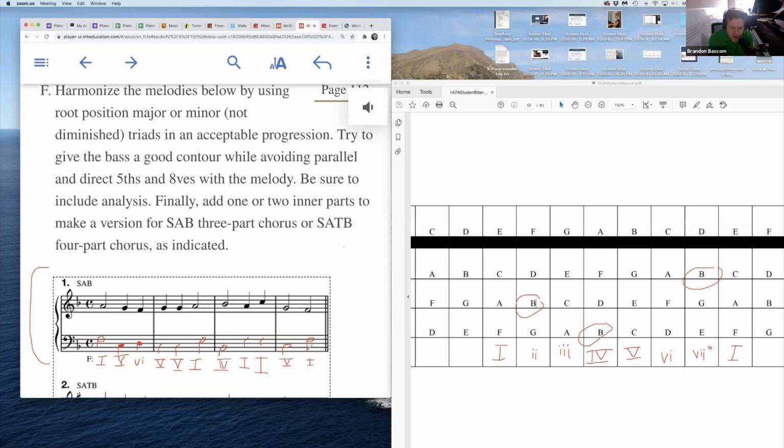Does anybody see the parallel fifths? Is it the six going to the five? It's the one going to the five.